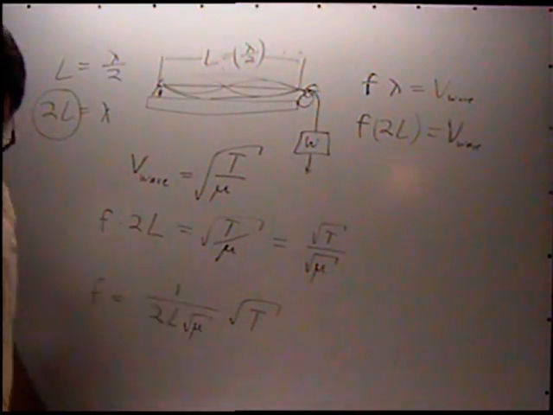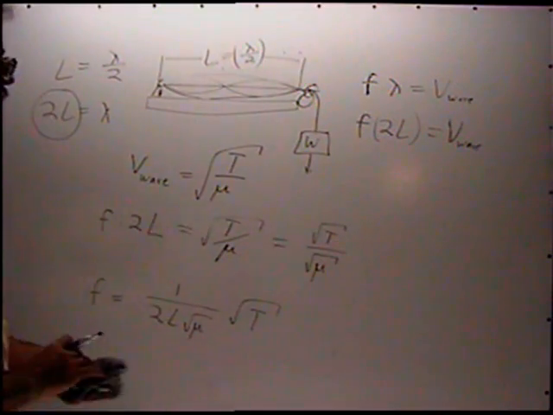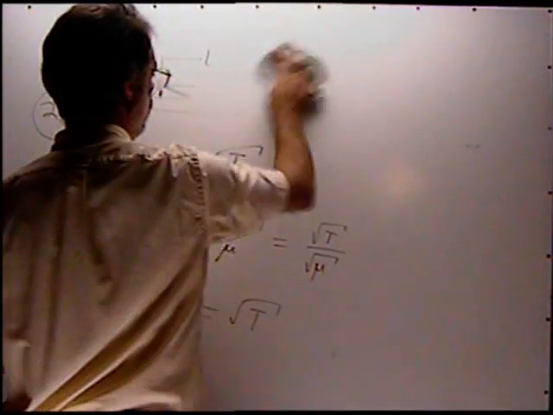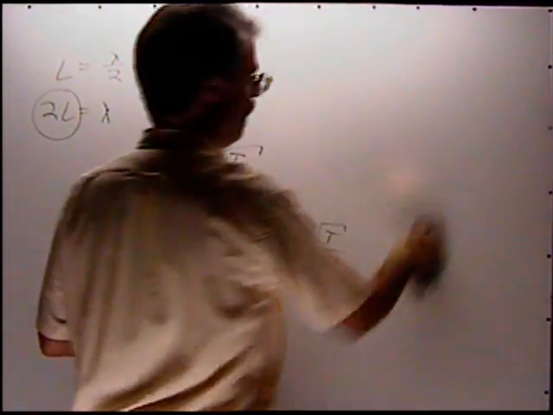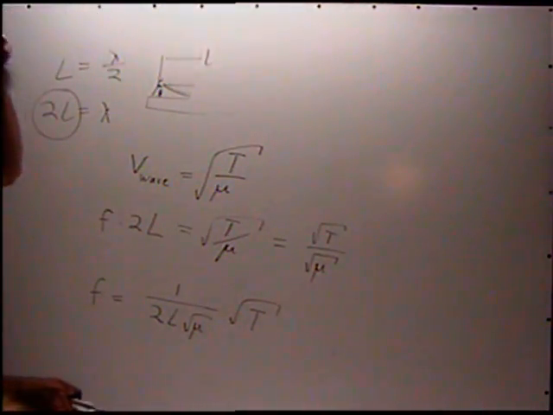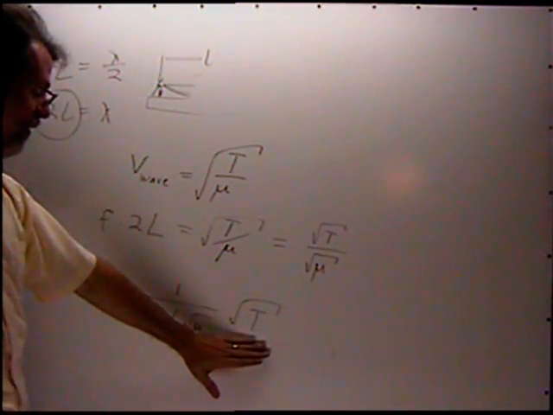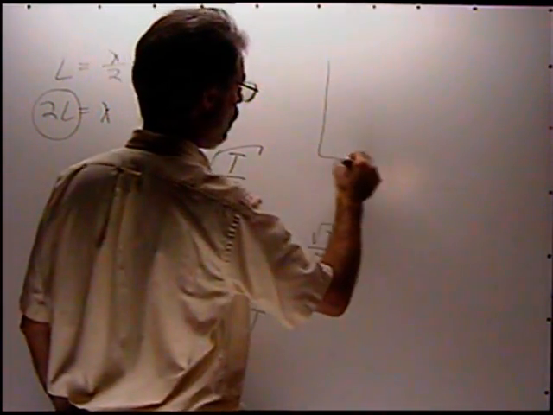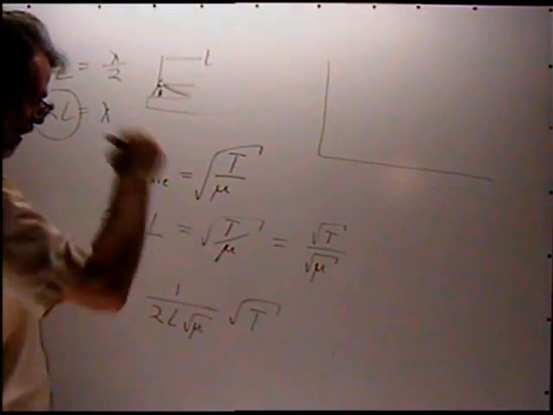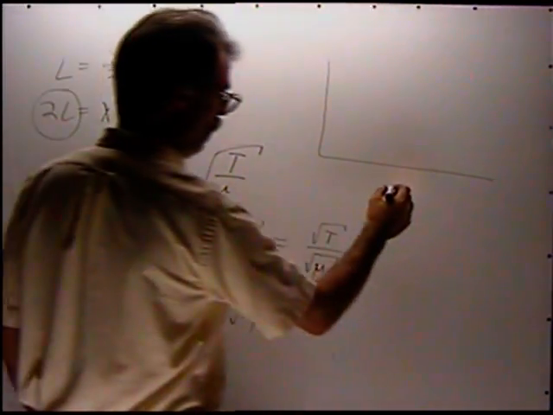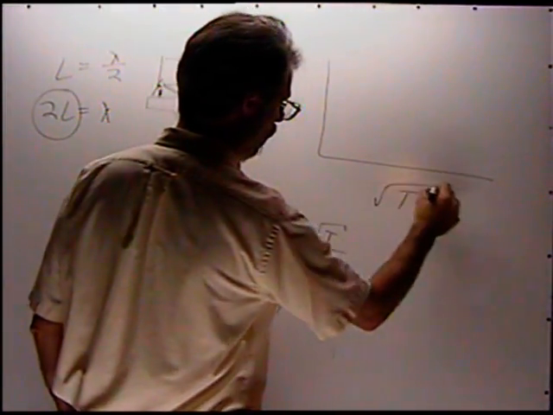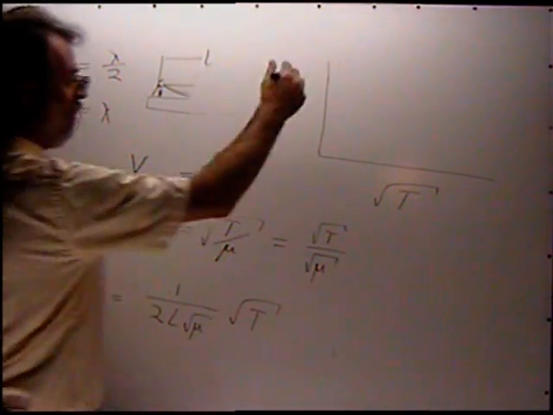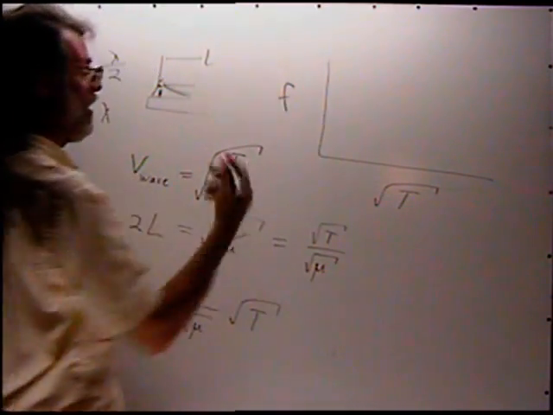Now you say, well, why are we doing this? We're going to pluck the string at different tensions. Then we take this data and plot on the horizontal axis the square root of tension, and on the vertical axis the frequency that we generate.